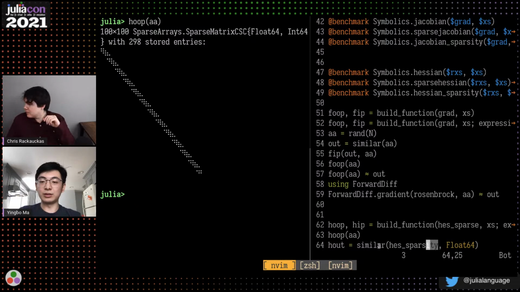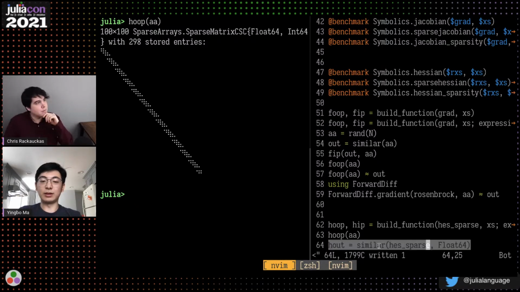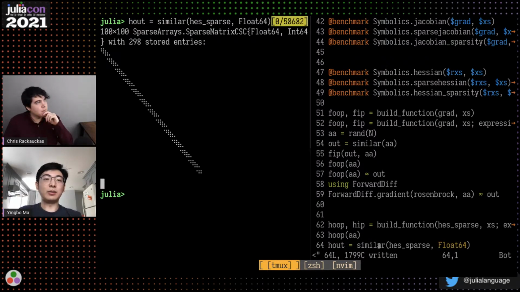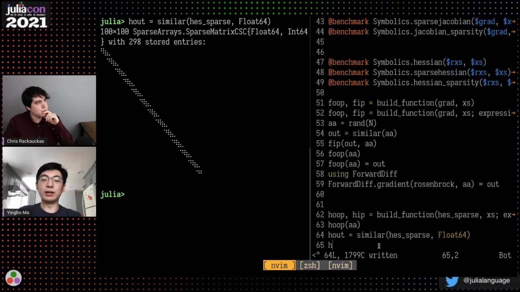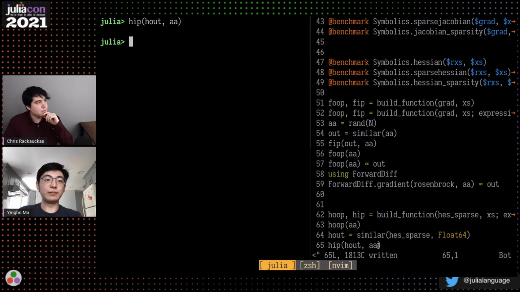We can also use the sparse. Okay. So now the sparse matrix has the element type of Float64, and then we can use HIP to fill this at point AA.